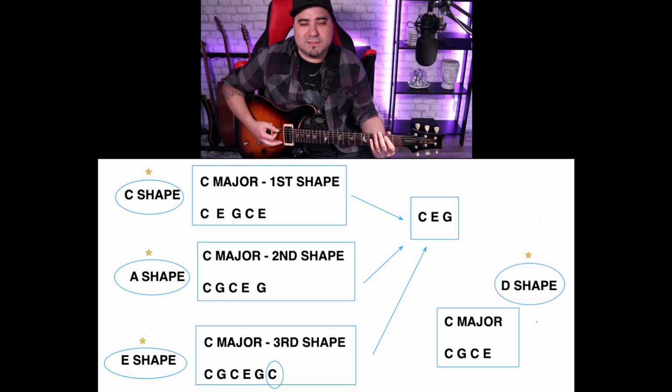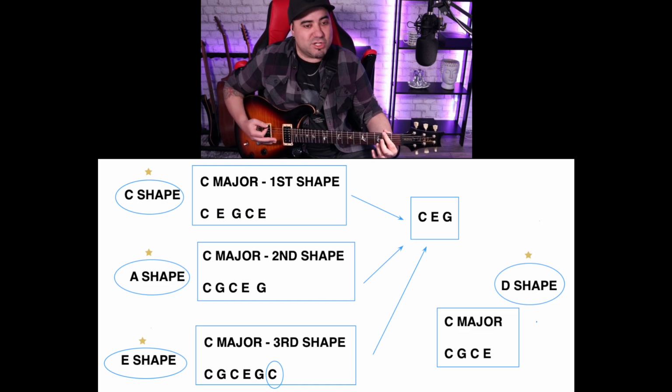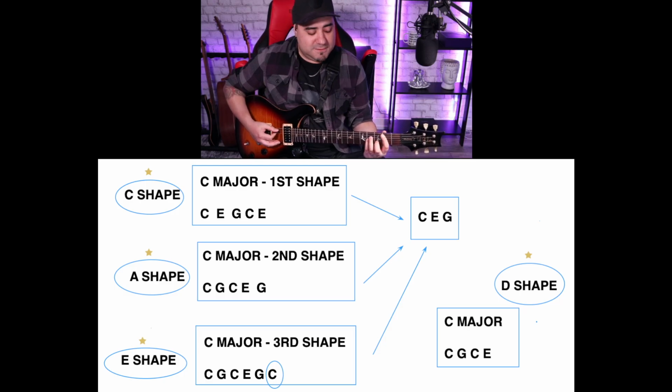Why the second fret? The second fret is where the root note is located. The B note on the 5th string, not on the E string. The E string is F sharp. So the B note will be located on the 5th string. That's the B minor chord.